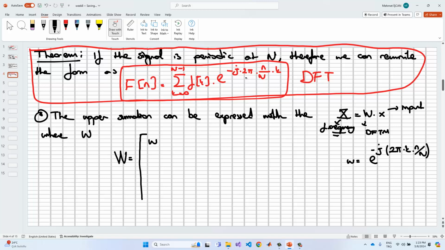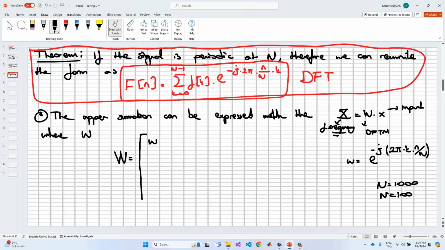But just remember that if you take N equal to 1000 or N equal to 100, this DFT matrix is changed. You should know that, because the DFT is applied on the whole signal here.